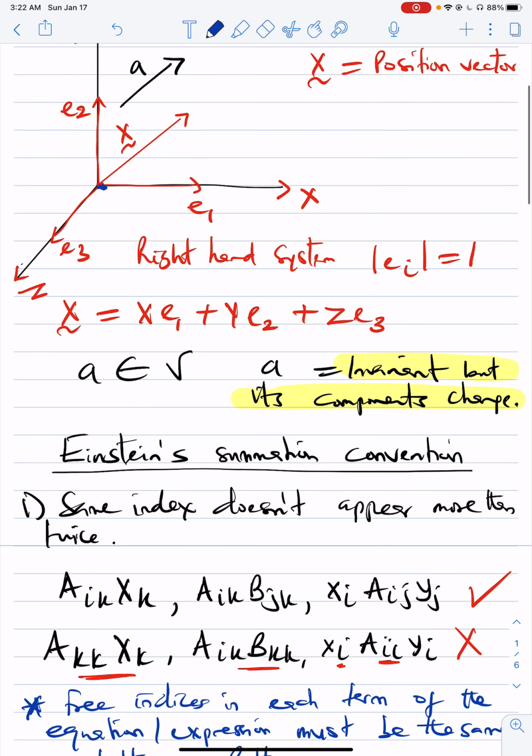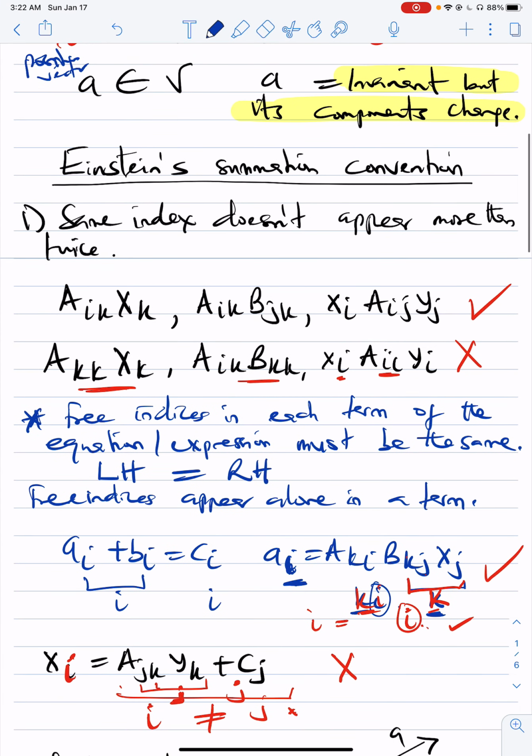So we've used that to describe a position vector here, and the vector A as well. Then the Einstein summation convention: I gave more examples based on what we've done in the previous videos.